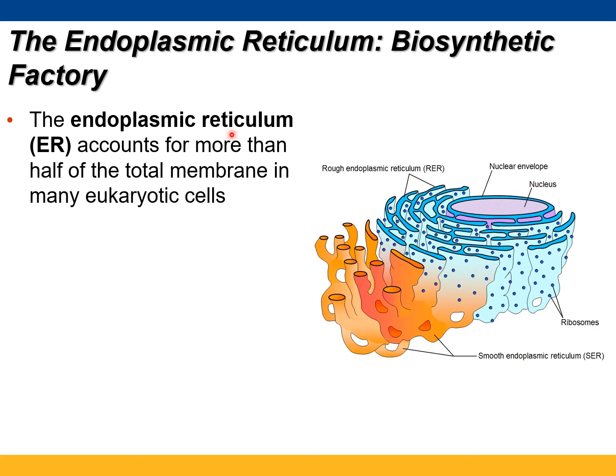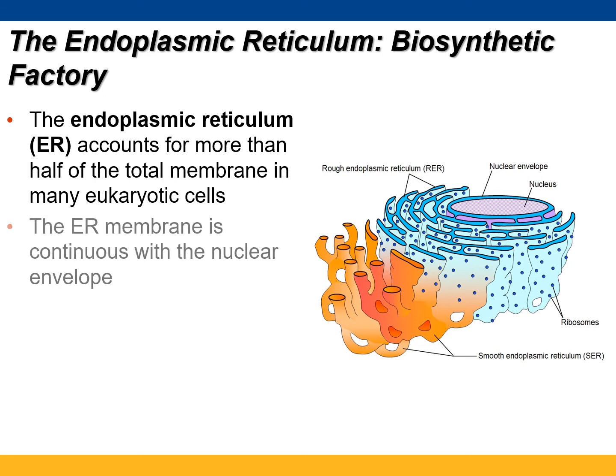So the endoplasmic reticulum, again, is named that because it's primarily composed of membrane. So it's interior membrane, if you will, and it looks reticulated, especially when you look at it under a microscope. It's a huge membranous structure in cells. More than half of all the membrane in most cells is comprised of this, and membranes are very, very important for regulated interaction, which makes it a very important organelle.